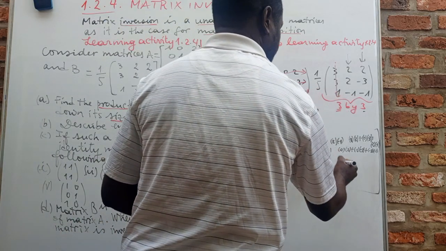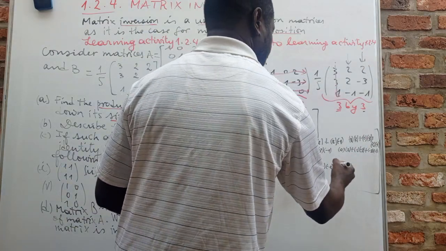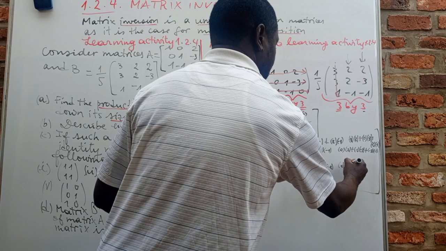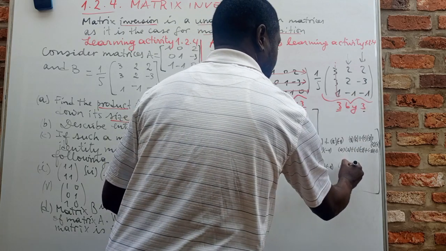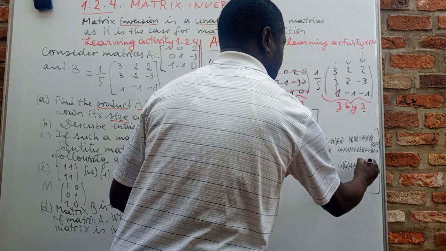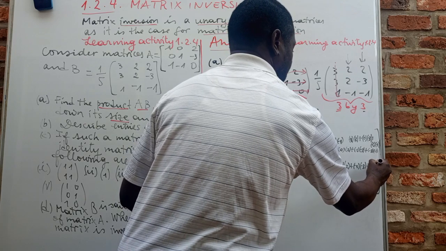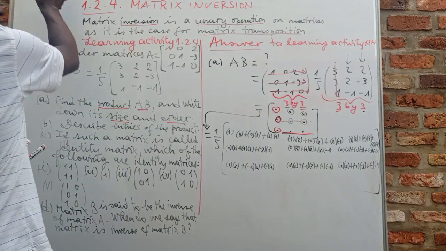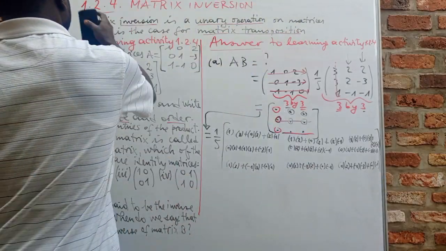Next, the third column: 1 times 2 plus negative 1 times negative 3 plus 0 times negative 1. Okay, this is the matrix that I want to find.